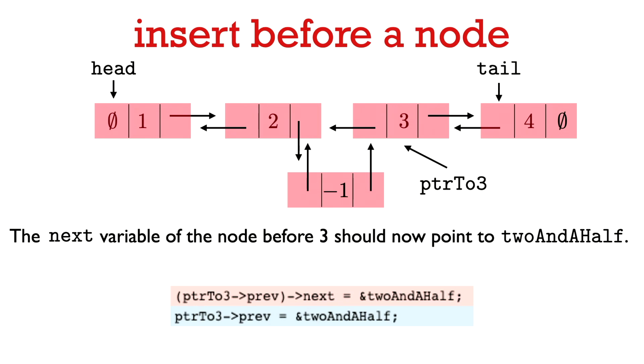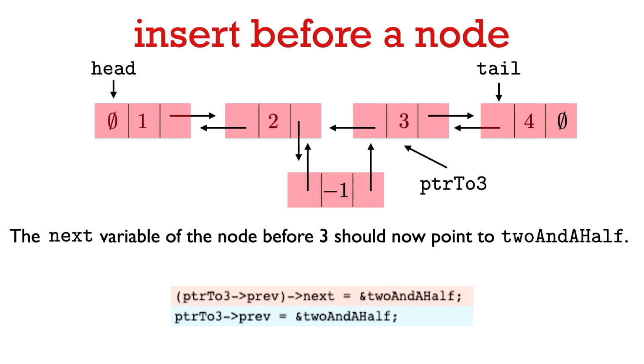So we can do this as follows. Pointer to 3 pointing to previous points to the second node. So we update the next variable of this node to hold the address of our new node. So this gives us a way to access the next field of the second node, because pointer to 3 pointing to previous is the second node.